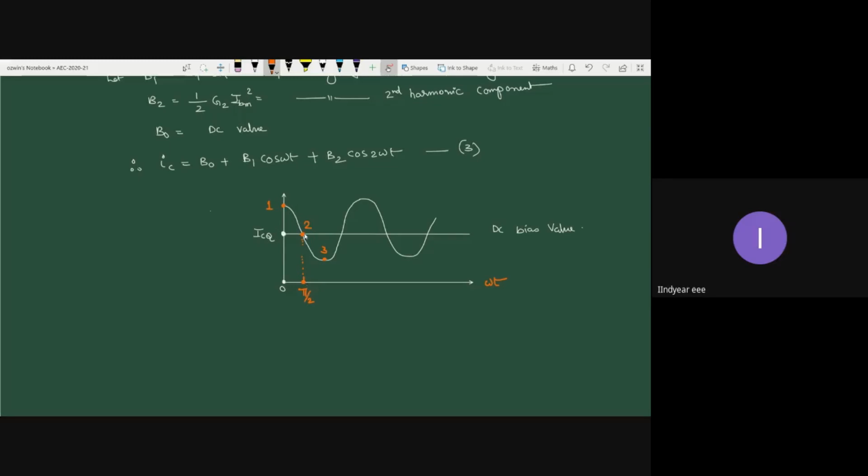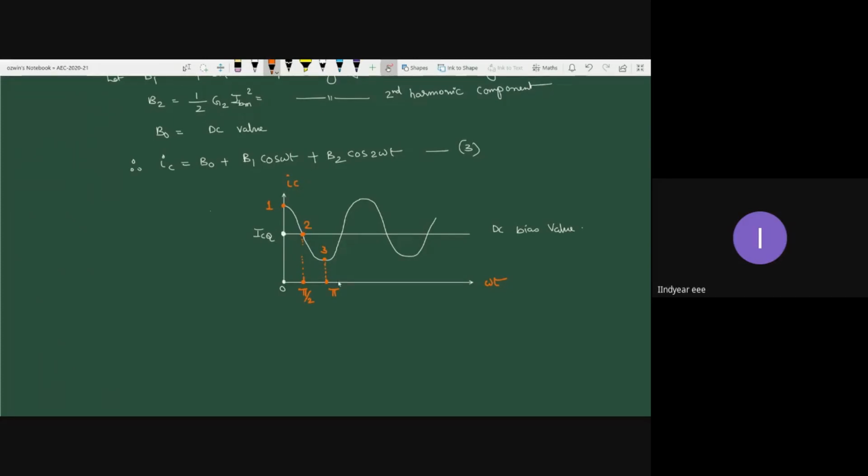So at pi by 2 interval, the cosine waveform will have its 0 value. And this will be the pi interval. So 0, pi by 2, and pi. Since I have taken 3 points, this method is called the 3-point method. Now, this waveform is basically your collector waveform IC.